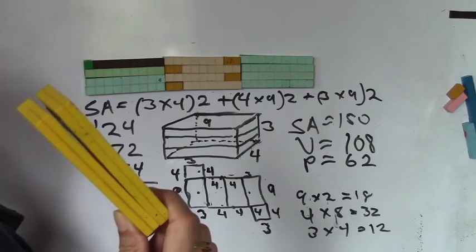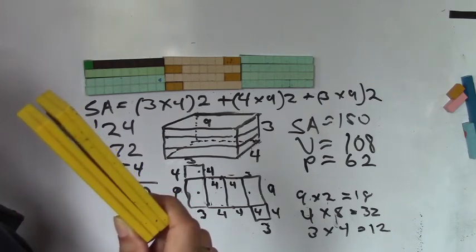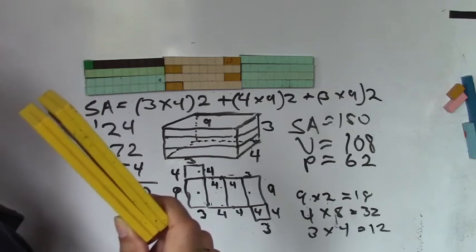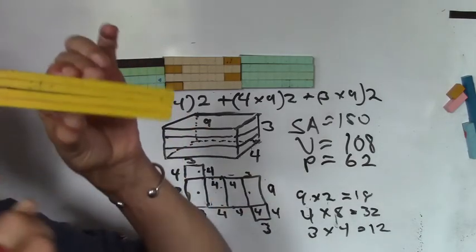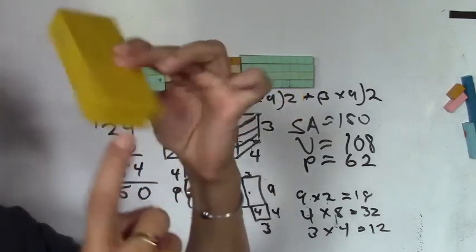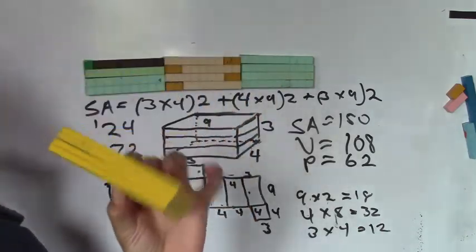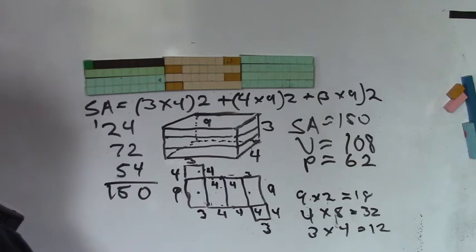I can see you. 2 16s, 2 20s, and 2 40s. 16, 16, 20, 20, 40, 40. What's my surface area? 32. 162.